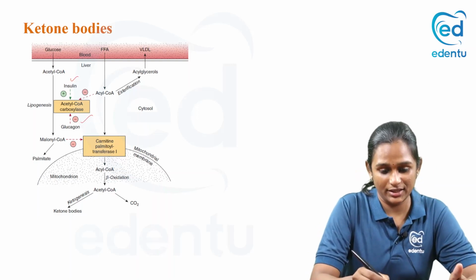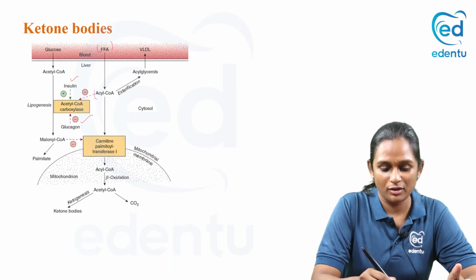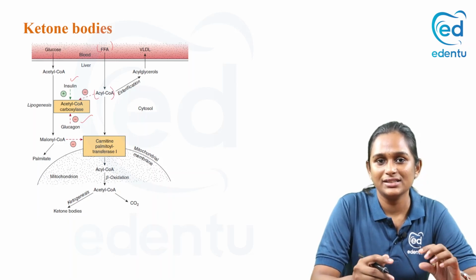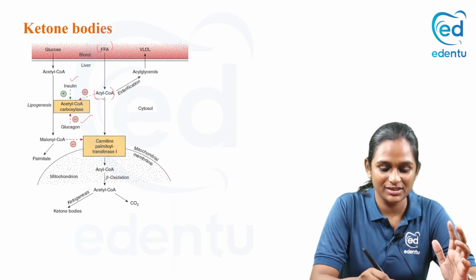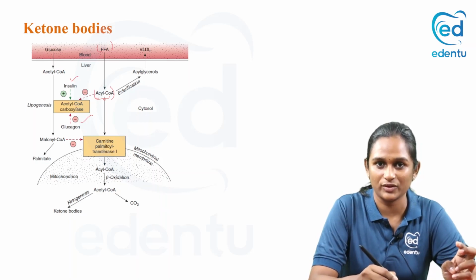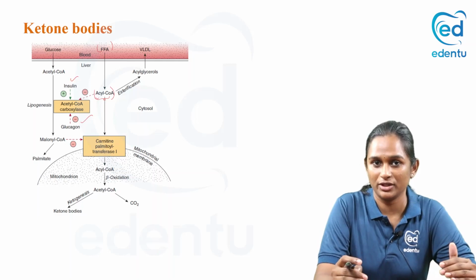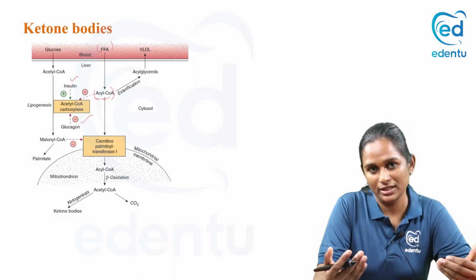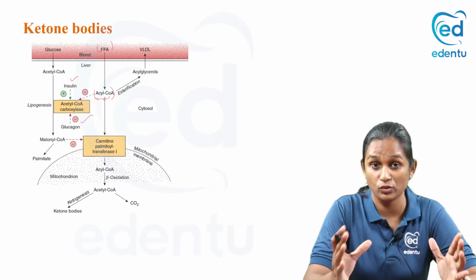If you see clearly here, the free fatty acids from the blood are coming to the liver. When there are more free fatty acids, the end product of fatty acid synthesis, acyl-CoA, will inhibit acetyl-CoA carboxylase. So no malonyl-CoA is produced. Since there is no malonyl-CoA, carnitine acyl transferase 1 is not inhibited, it is open.